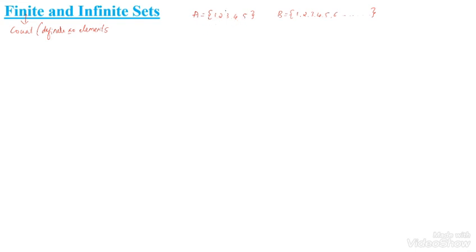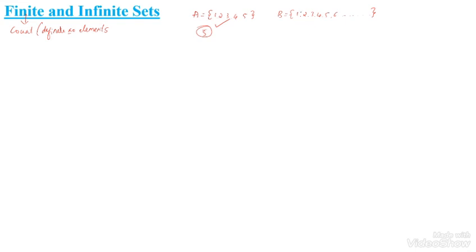The number of elements in set A is 5, a definite number, and the elements are countable. Then it is said to be a finite set. Set B contains the elements 1, 2, 3, 4, 5, 6, but up to so on means there is no end. The elements start from 1, and after 6 they continue on. There is no end point. That's why it is an indefinite set.